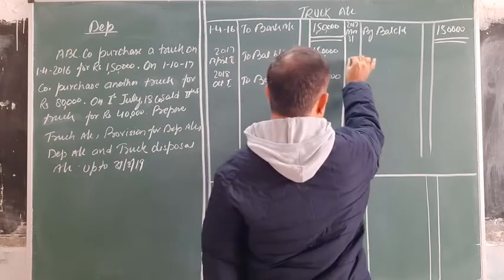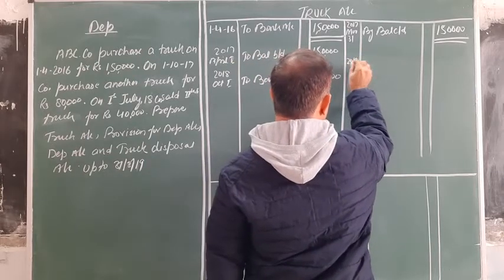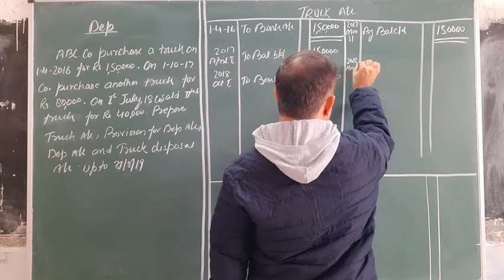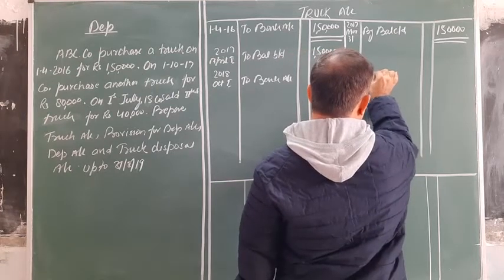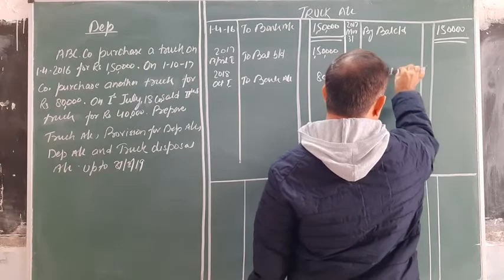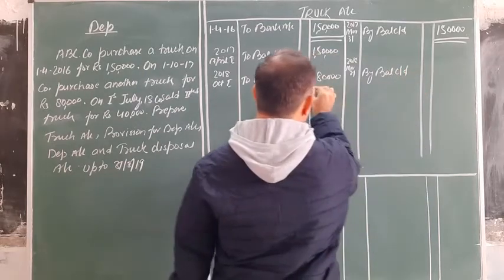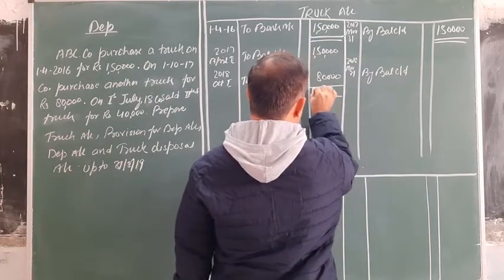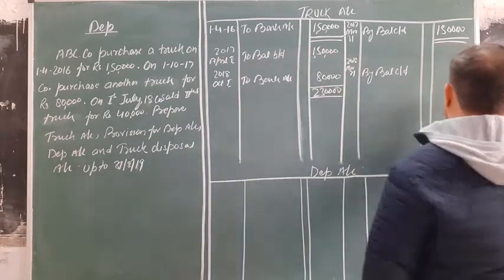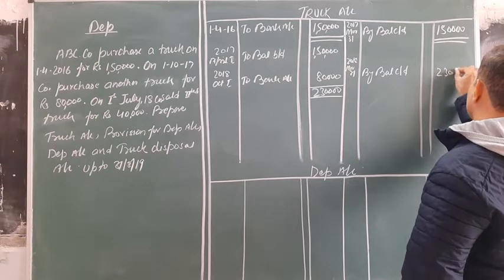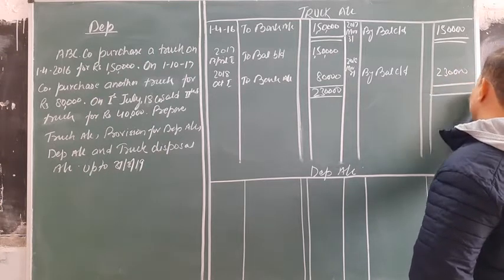And on 2018, March 31, we transfer the balance by balance carried down 2,30,000.